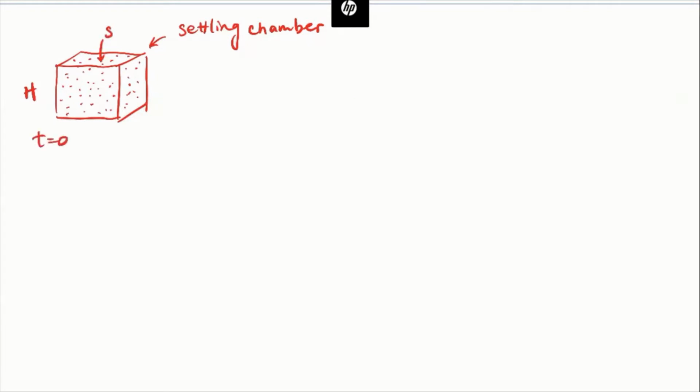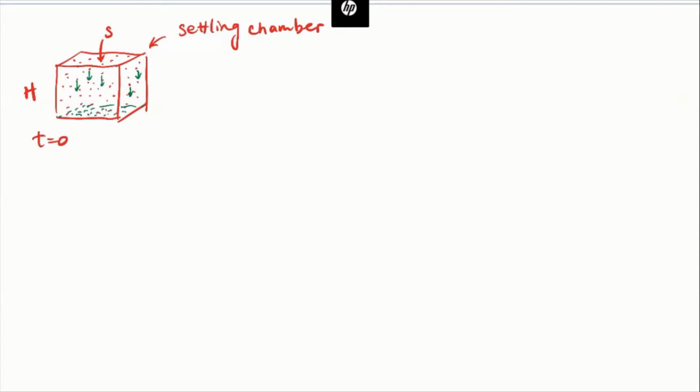As time progresses, what we know is that all of these particles, because of the gravity, are going to settle down. A lot of these particles will basically settle to the base of the chamber and never come back.